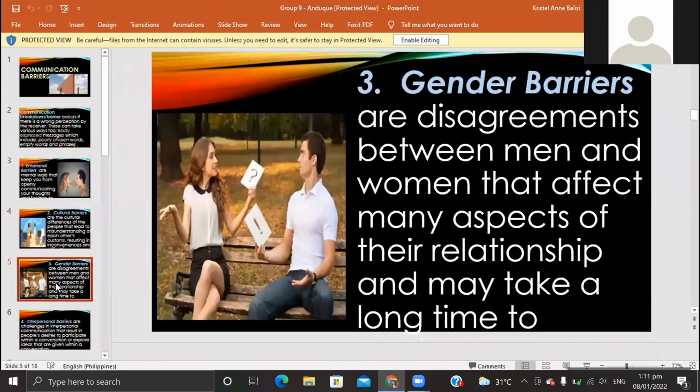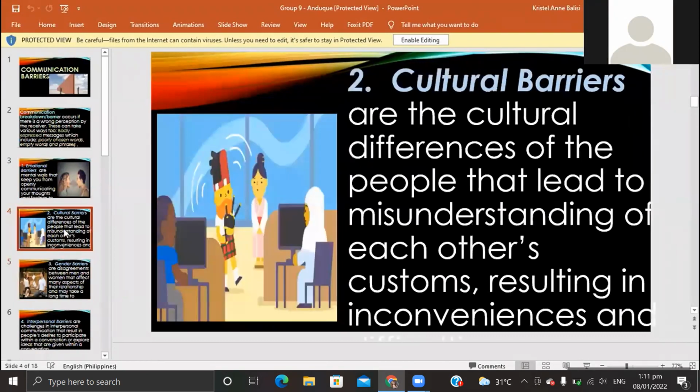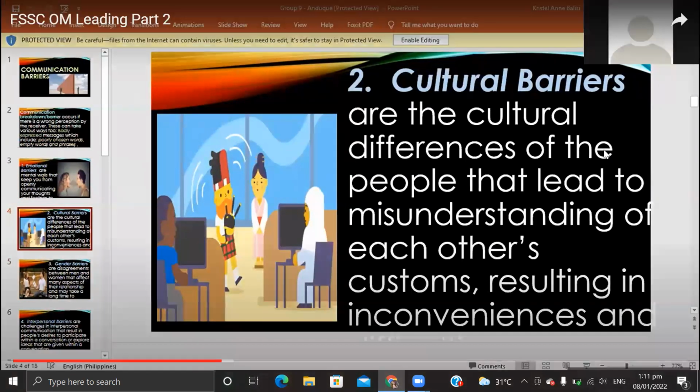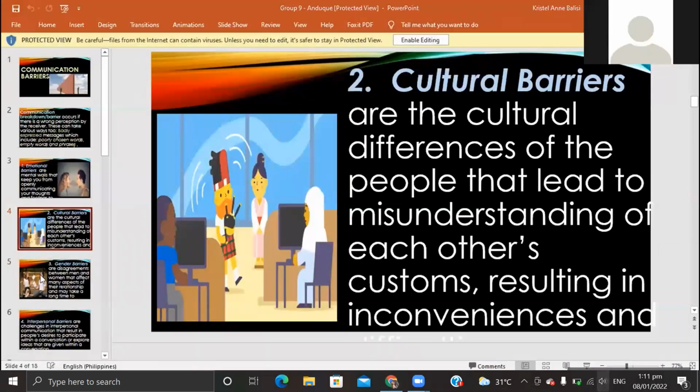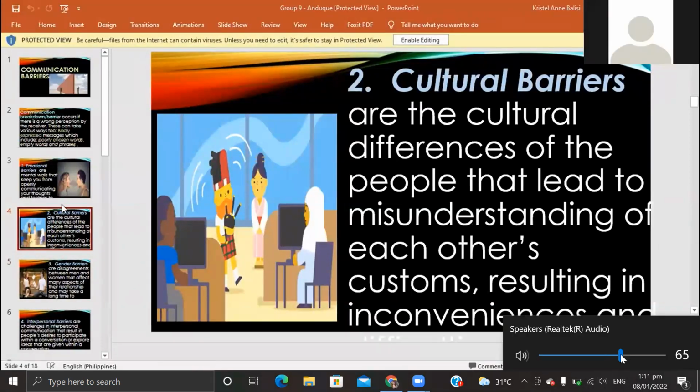Eto po, yung cultural barrier po, yung pag may magkatrabaho na magkaiba ng religion or sa iba siyang lugar tas lumipat lang dito para magtrabaho.